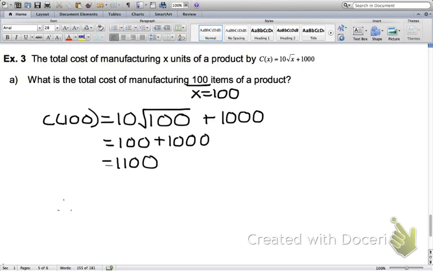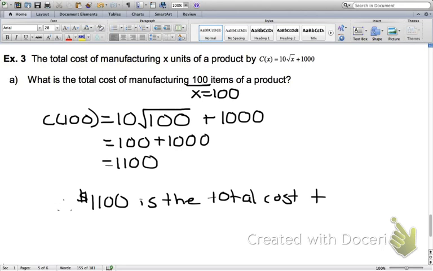So therefore, $1,100 is the total cost to manufacture 100 items.